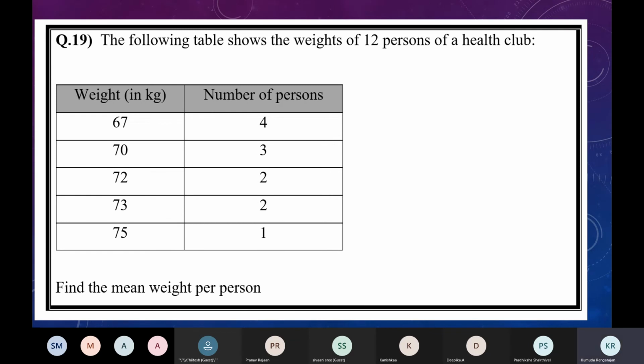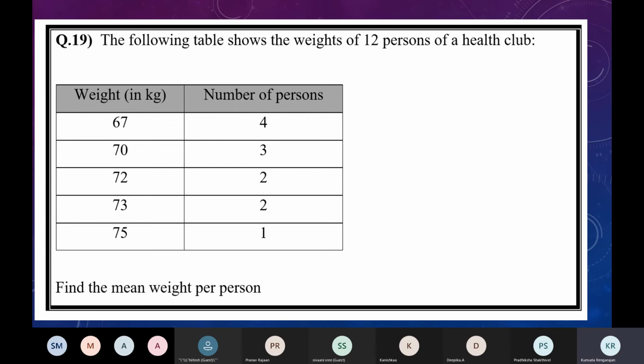So far we were seeing mean and related questions for raw data. Raw data meaning it was not a tabulated data. So here you see a table.